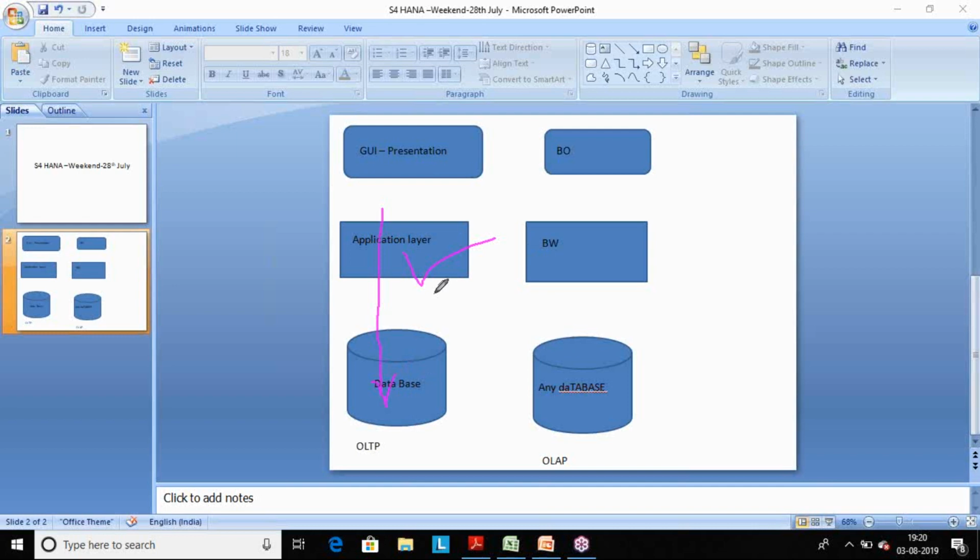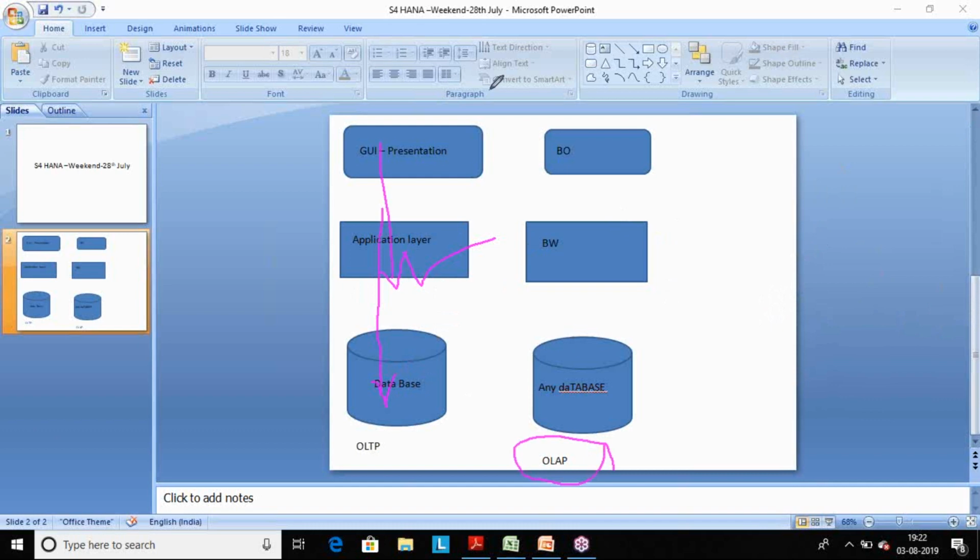Then all your operational activities, everything will be posted here in this OLTP system. But from the analytical point of view, we must work with BW consultants, so they are taking the data specifically from the profitability analysis point of view. They are going to take the data from your OLTP system. Right.